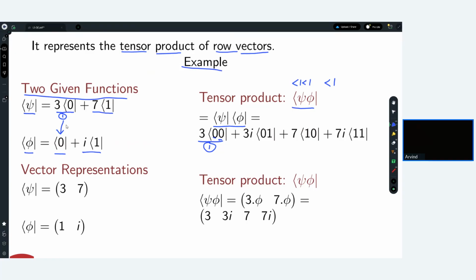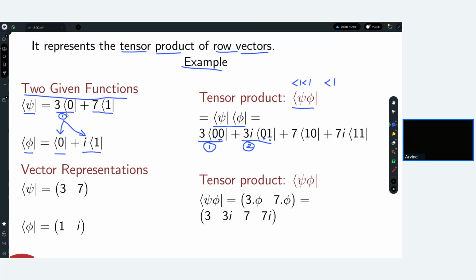Now we continue multiplying the first term with the second term from the second function. So it becomes 3i. This is the second term. 3 is from the first function, i is from the second function, and 0 is from the first function, and 1 is from the second function. So 3i times bra 01 is the second term of the resultant tensor product.